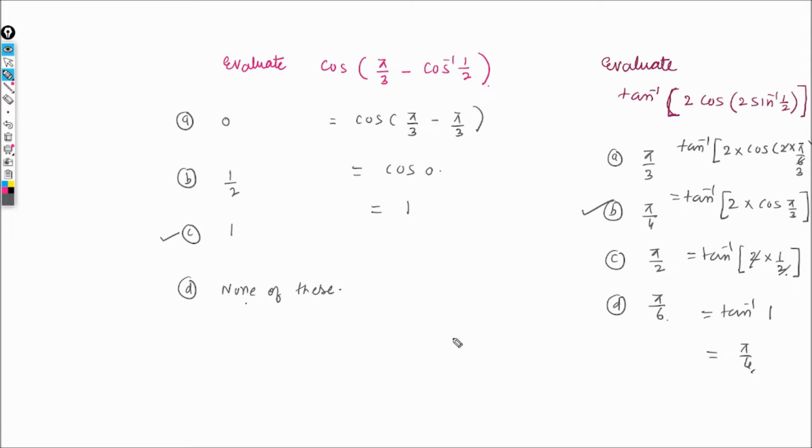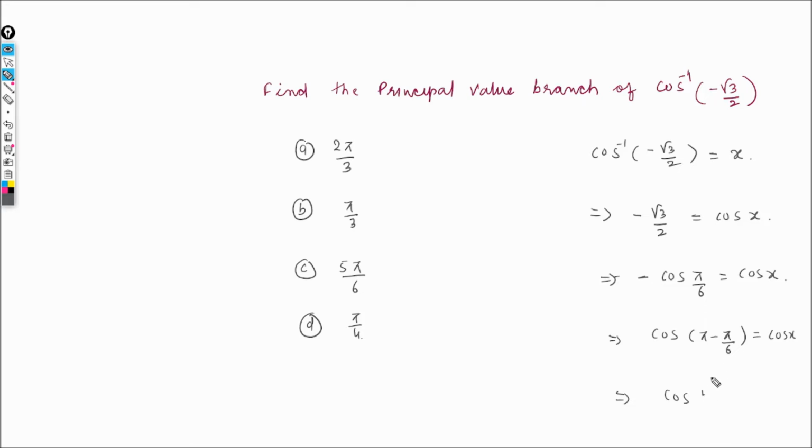So pi by 4 belongs to the principal value branch, minus pi by 2 comma pi by 2. This implies cos of pi minus pi by 6, which means 5 pi by 6, is equal to cos x.